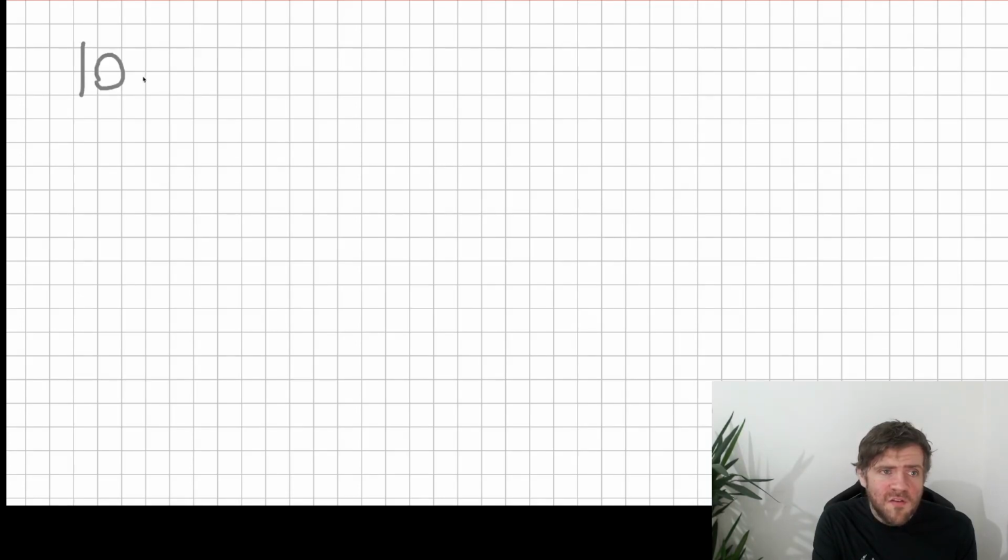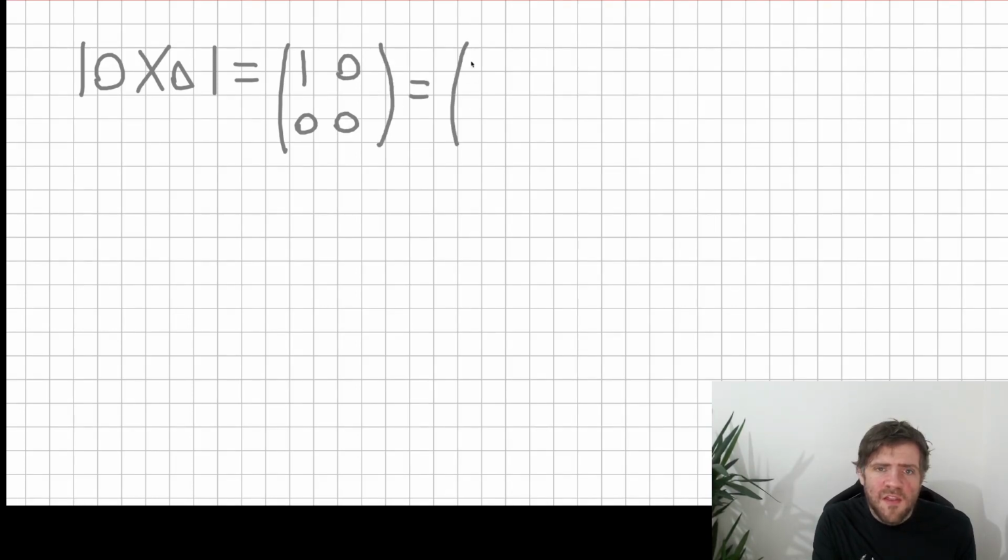So the outer product of 0 with itself is 1, 0, 0, 0, which can be written as 1, 1 plus 1, minus 1, just so that this element, which we don't want, cancels out with this element.